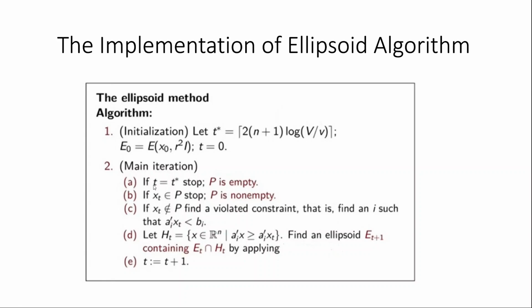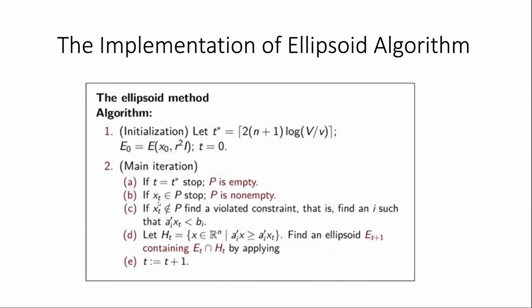The first step is we check whether the polyhedron P is empty or not. We can check in two ways. First is checking if the threshold is reached or not. If it's reached, P is empty. The second is to check whether the center that has been created resides inside the polyhedron or not. If so, then P is non-empty and the algorithm terminates.